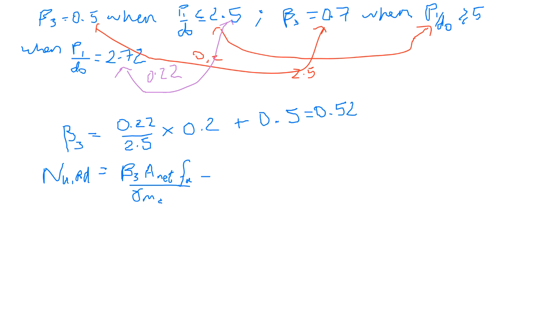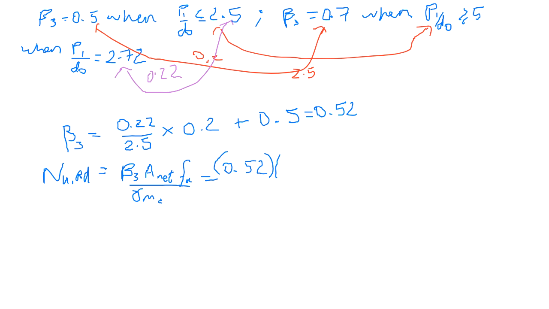Okay, so if you remember for the symmetrically loaded section, that beta value is 0.9. That takes into account the uncertainty associated with the ultimate. In this case, it's a lot lower than 0.9 because we have to take into account that moment that's been applied as a result of the axial load multiplied by the eccentricity.